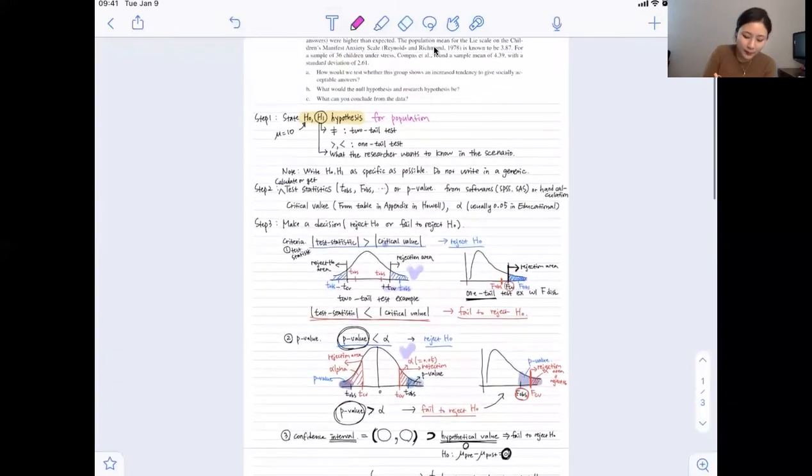Because the null and alternative hypotheses are for the population, we use Greek letters, for example mu, the population mean.